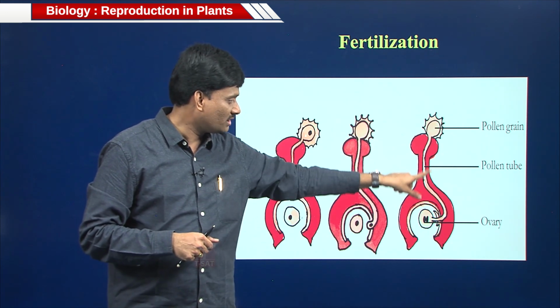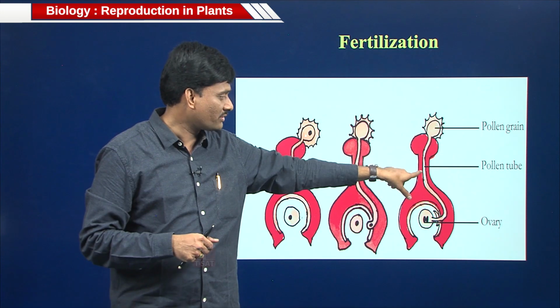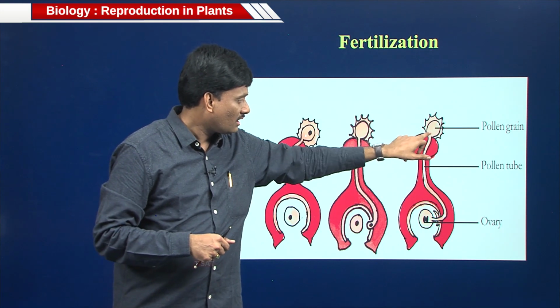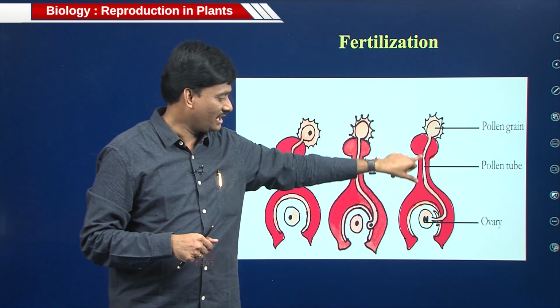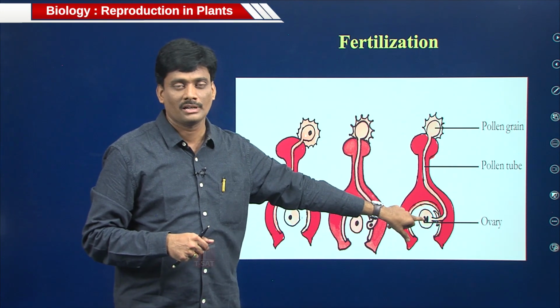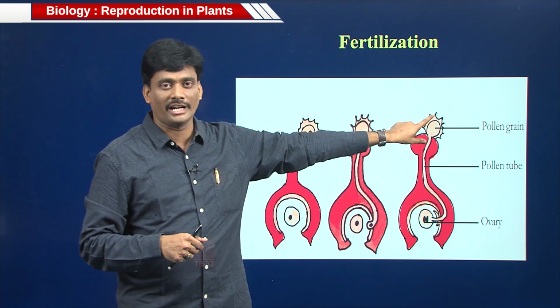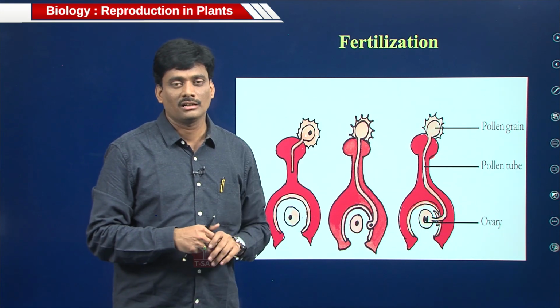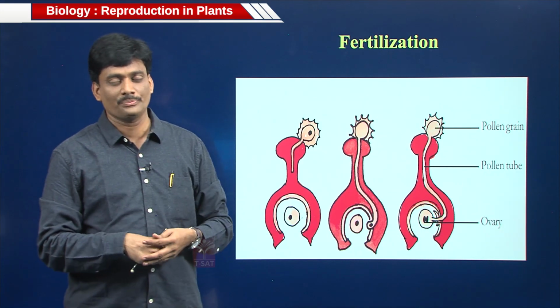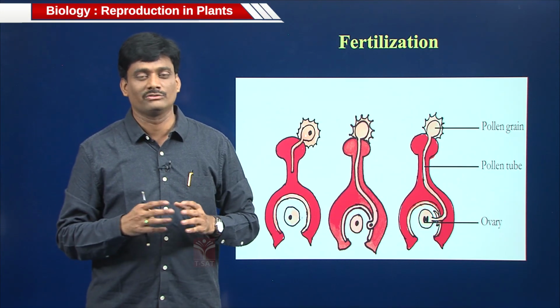After the germination of the pollen grain, the pollen tube is formed, and through this pollen tube the nuclei present in the pollen grain are transferred through the style and reach the ovary, and the nuclei of the pollen grain reach the nuclei of the ovule there, and this process is called fertilization.